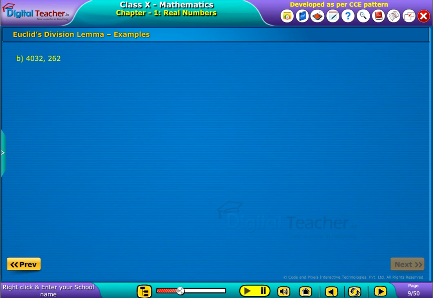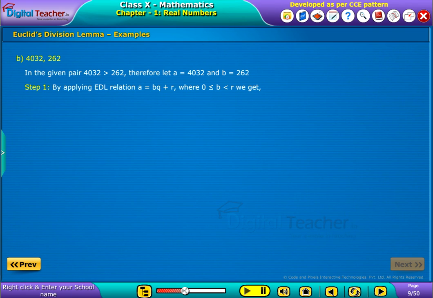B. 4032, 262. In the given pair, 4032 is greater than 262. Therefore, let a is equal to 4032 and b is equal to 262. Step 1. By applying EDL relation a equal to bq plus r, where 0 less than or equal to r less than b, we get as shown.